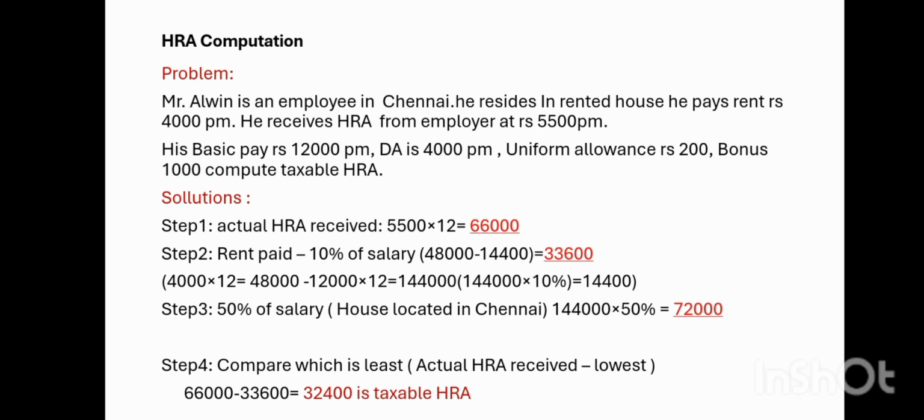So we deduct 66,000 minus 33,600, and we get the taxable HRA, which is 32,400, and 33,600 is the exempt amount here.